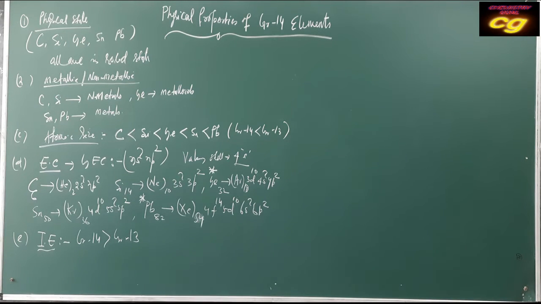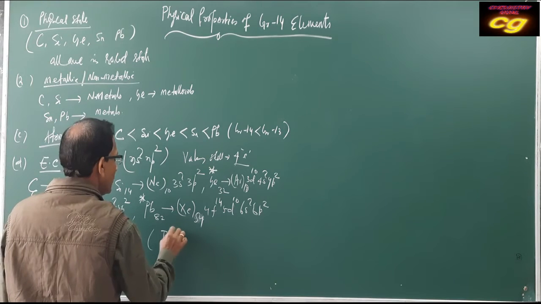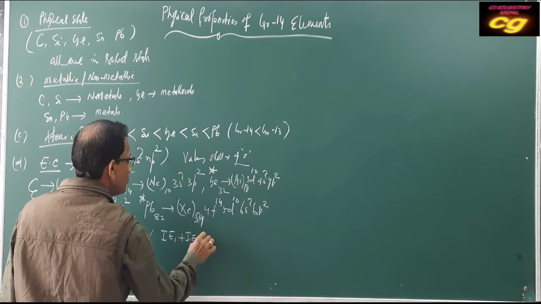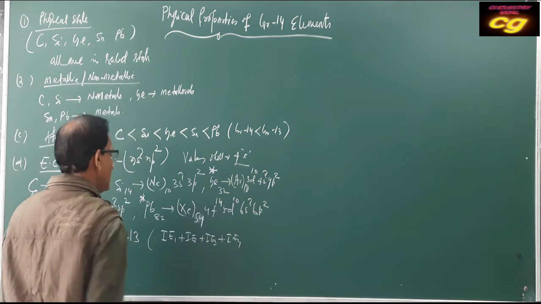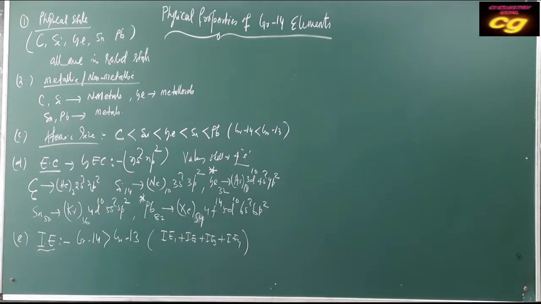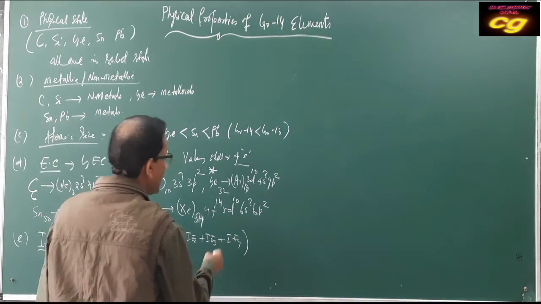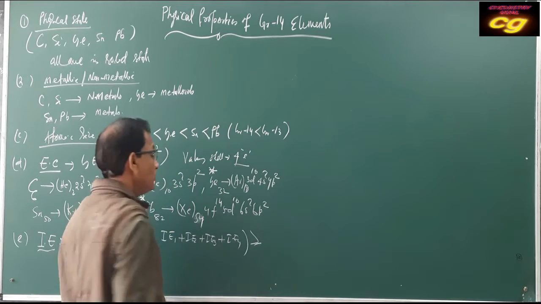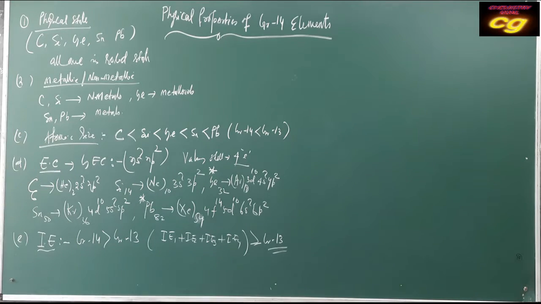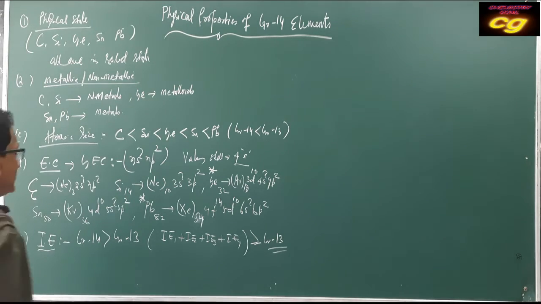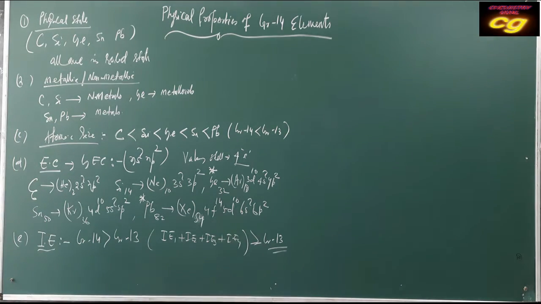Generally, IE1 plus IE2 plus IE3 plus IE4 is very high compared to group 13. The summation of these 4 ionization energies of group 14 is very high. Generally, they do not lose these 4 electrons. That's why they form covalent compounds.